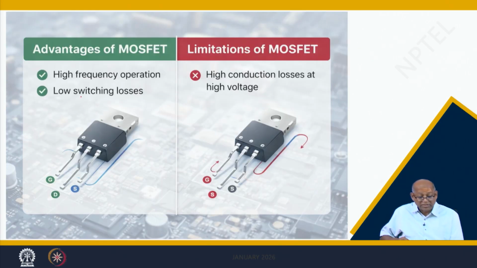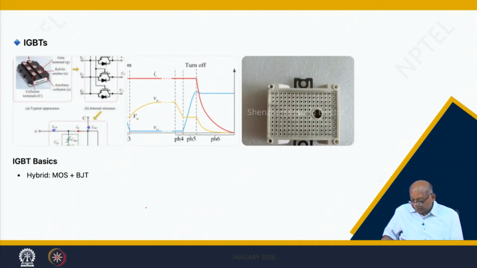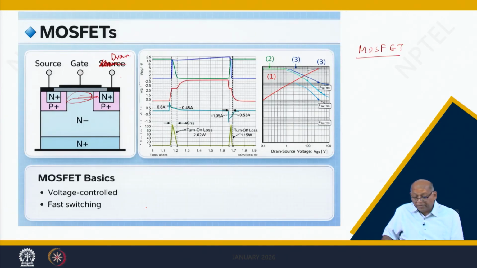A little deep dive. So, this is the MOSFET, as you can see. There is a gate, source, not this one. This will be source, this will be drain. So, this is what your MOSFET looks like. This MOSFET symbol is something like this.